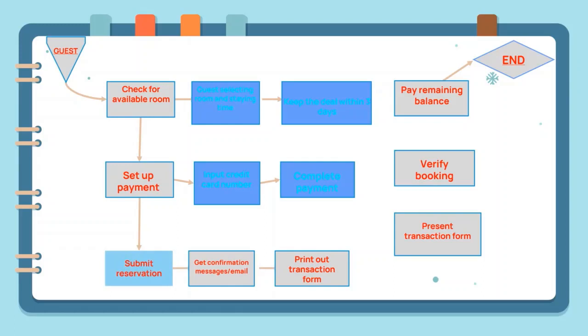In our business process, the difference from other business processes is that we will give the customer an additional service: keeping the deal within 3 days if they have a change in their plans.